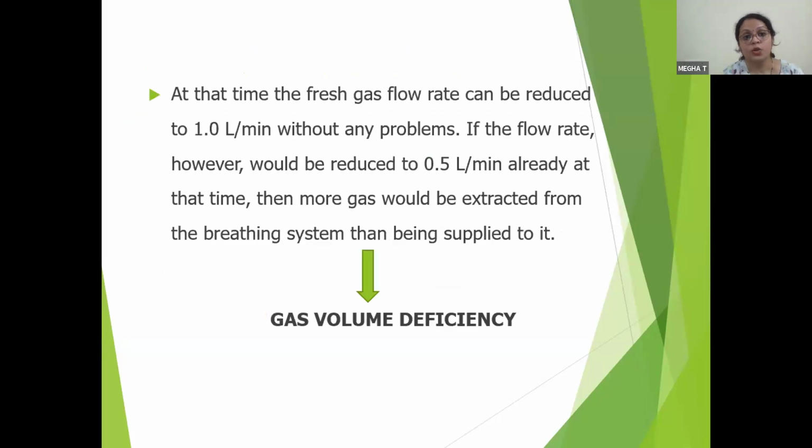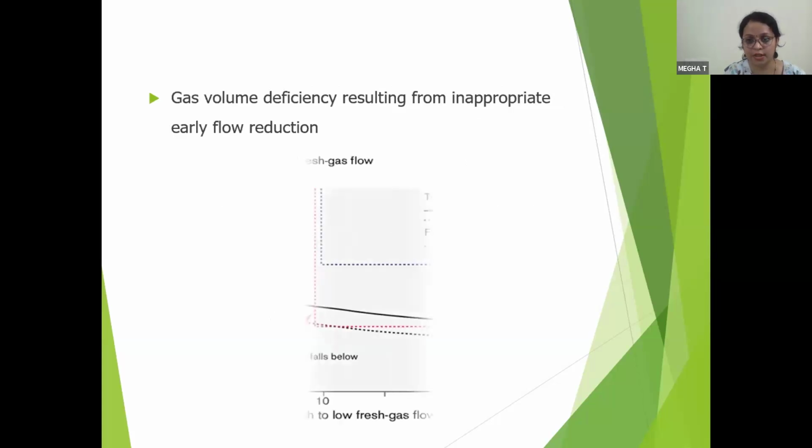So at that time, if the fresh gas flow is reduced to 1 liter, there is no problem, because we are reduced to 1 liter and the patient is taking up 600 ml. However, if you further reduce it to 0.5 liters per minute, like in a minimal flow, then more gas would be extracted, because you are at 0.5 liters, that is 500 ml per minute, but the patient is taking 600 ml per minute, and hence more gas would be extracted, causing gas volume deficiency.